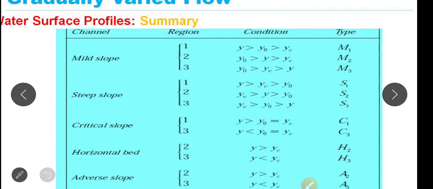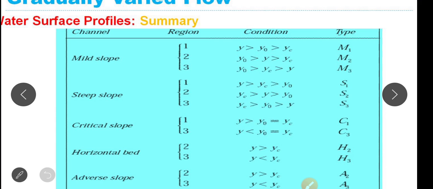In order to say mild slope, the condition is Y, the depth of the surface profile from the bed of the channel: Y is greater than Yn is greater than Yc, that is M1. M2, if Yn is greater than Y is greater than Yc. M3, Yn is greater than Yc is greater than Y.